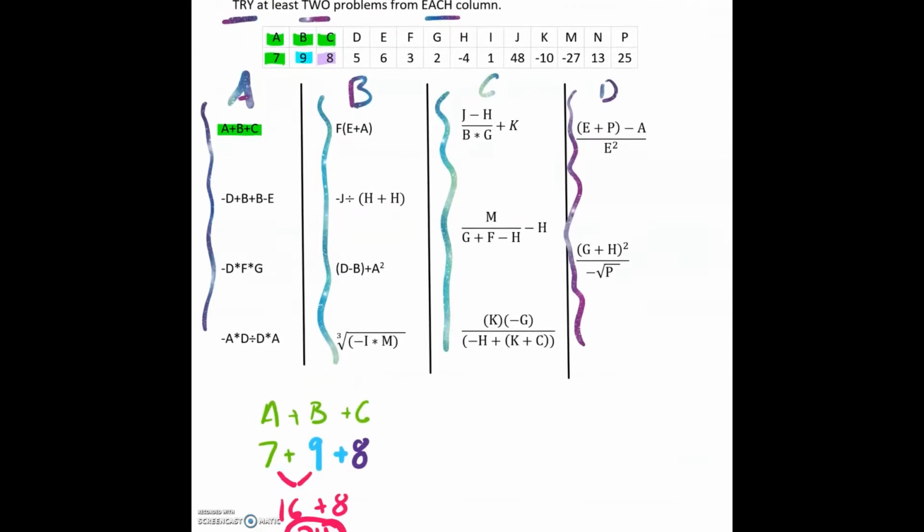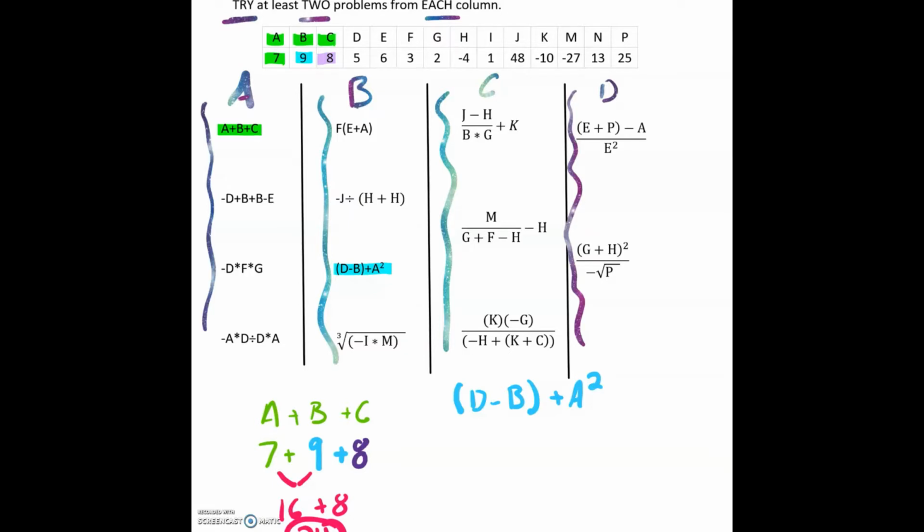I'll do one more problem. Let's see. I'm going to do a more challenging problem for you this time. Let's do this problem. Okay, so I have parentheses, D minus B, close parentheses, plus A squared. Notice I'm rewriting my problems down below.